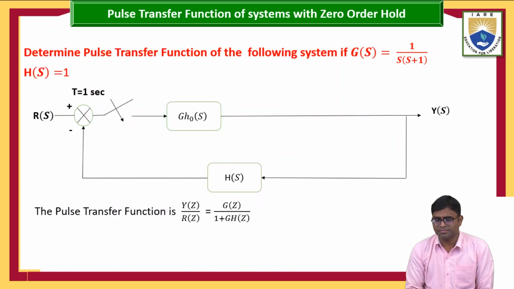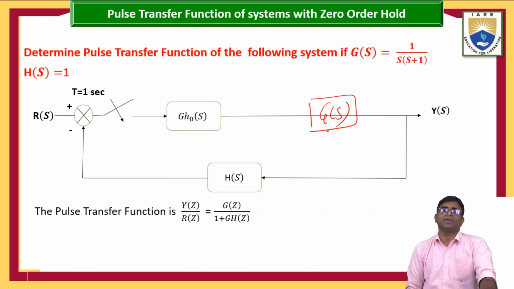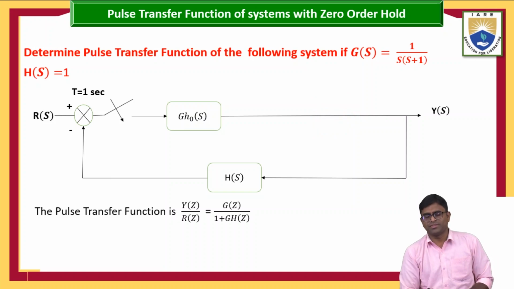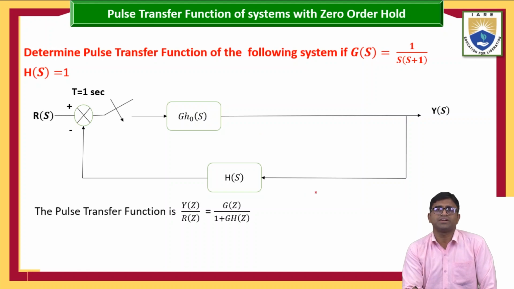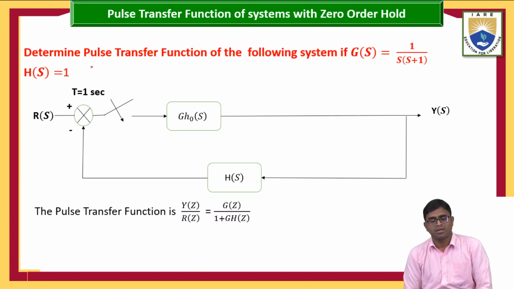Here g of s is there, with the zero order hold. So with the pulse period t equal to 1, and the zero order hold, it is g into h of s, where g of s is 1 by s into s plus 1, and feedback h of s.